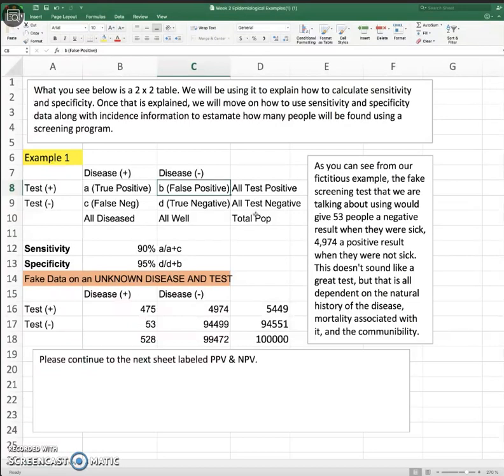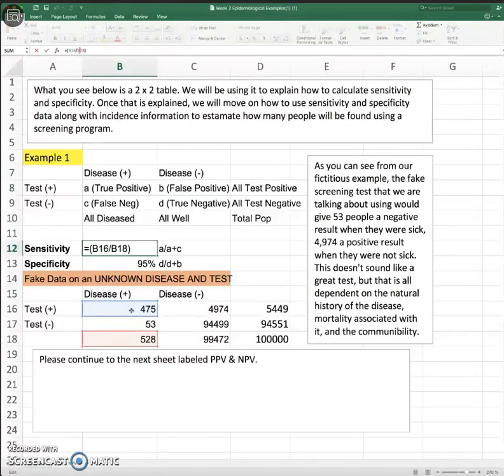Okay, so if we are looking at the formula based on what we've got going here, we have A over A plus C. That is our sensitivity. I've used formulas again, and if you click on the formula, you will see that we have A in the numerator and A plus C, which is all diseased, in the denominator.